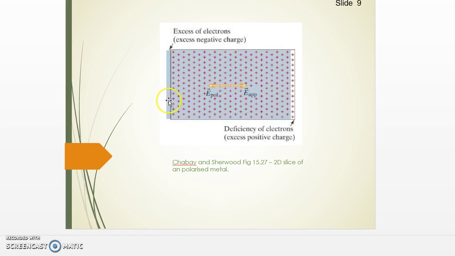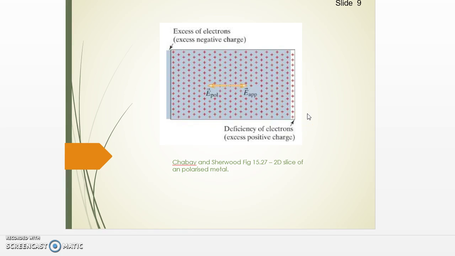So there's an excess of negative charge here, and there is a deficit of negative charge over here. Hence we have this polarization in the metal. What this diagram really brings out is the very small shift that is required to polarize a metal. You don't get the misleading idea that electrons are rushing from one side to the other side in a polarized metal. So that's another really good way, I think, of representing polarization.